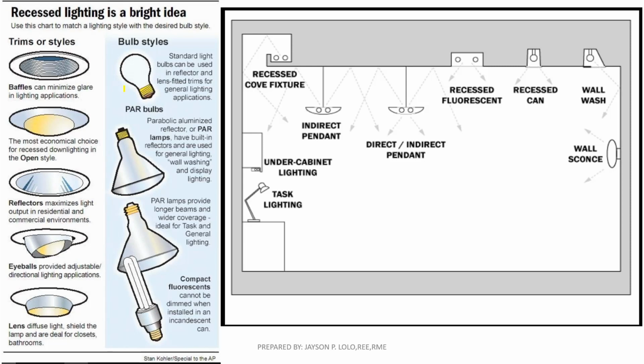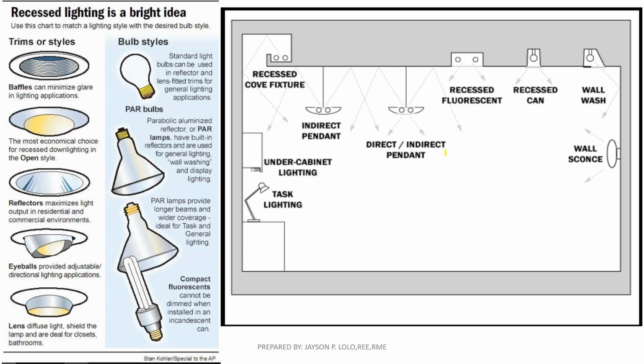And for better lighting style, in this right side, this is the application of different lighting fixtures. Remember that you cannot use a wall sconce on a ceiling. That's clear common sense. So we have task lighting, under cabinet lighting, and indirect pendant, where the light bounces to the ceiling before it goes to the direct or target lighting area.